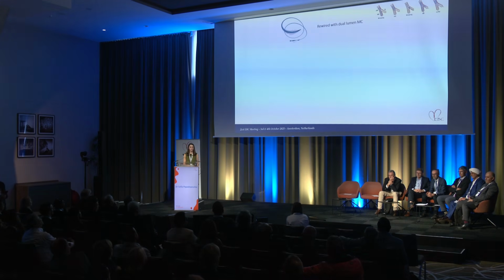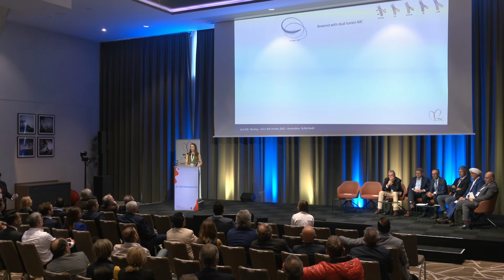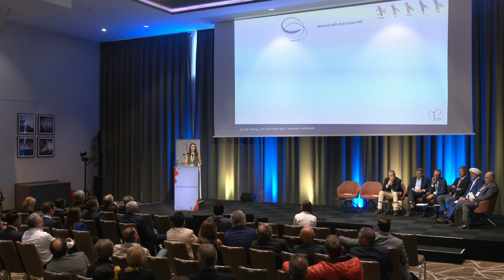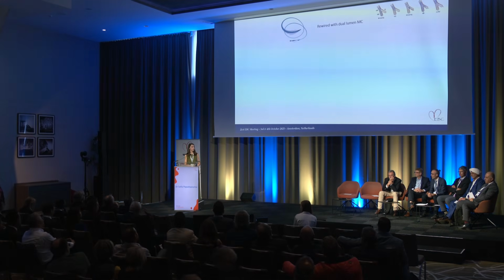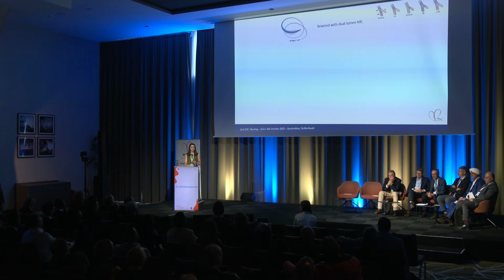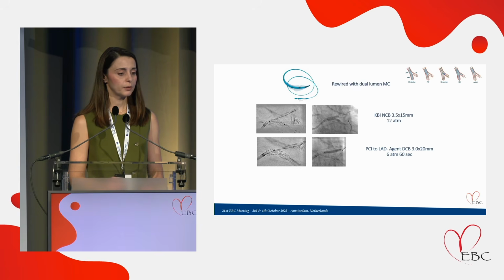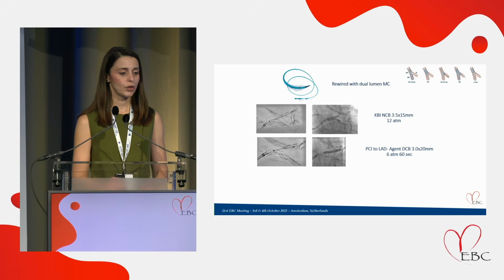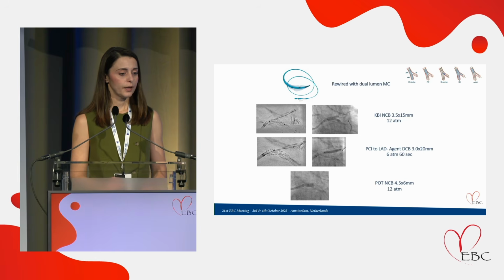We rewired with the dual lumen microcatheter. That was also in order to ensure that the wire was not abluminal, but also to facilitate distal strut rewiring. Performed KBI with 2 non-compliant balloons, PCI to the LAD with a drug-coated balloon, and then finished off with a POT.